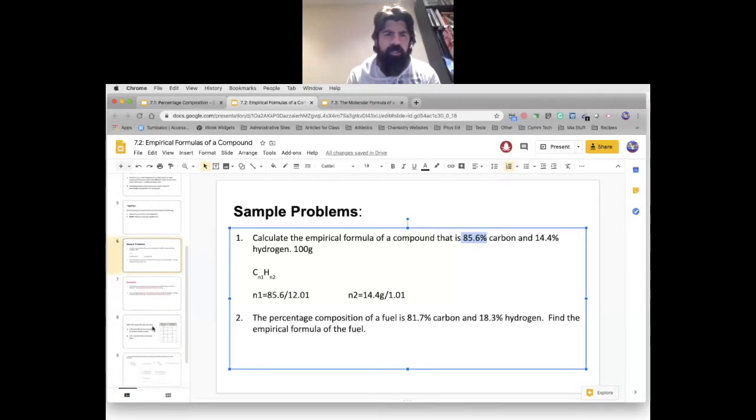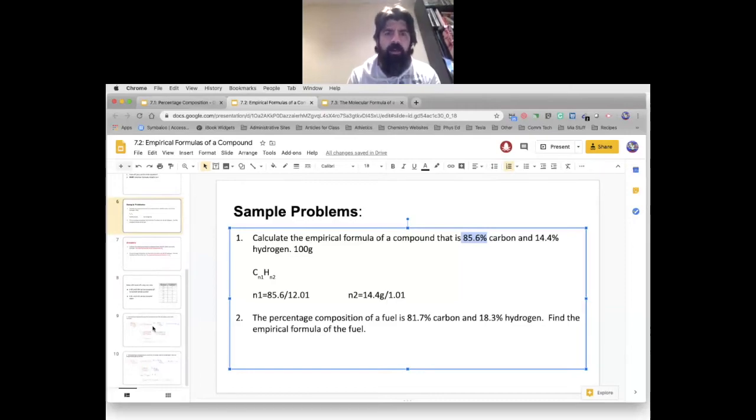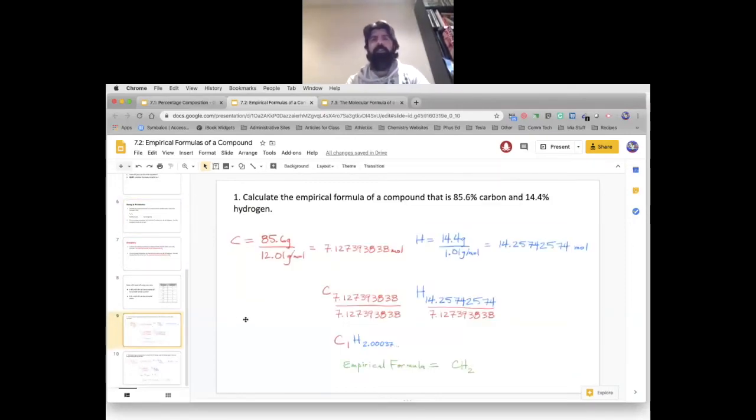So let's actually look at what we are doing. Here's the process. For carbon, we took the percent, we converted it to a mass. We divided it by the molar mass of carbon to get this big number of moles. And then we did the same thing for hydrogen.